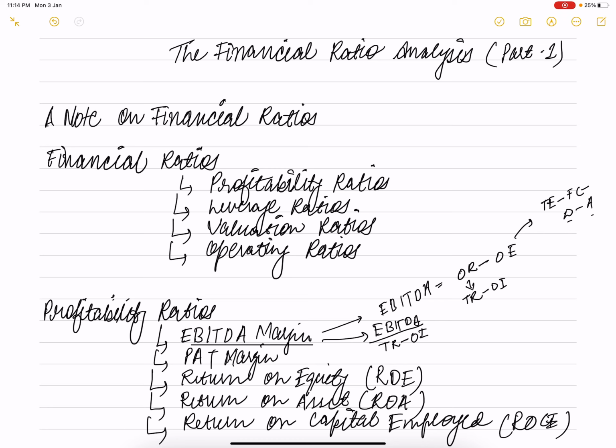In other words, ROE shows the efficiency of the company in generating profit for its shareholders. Obviously, the higher the ROE, the better it is for the shareholders.